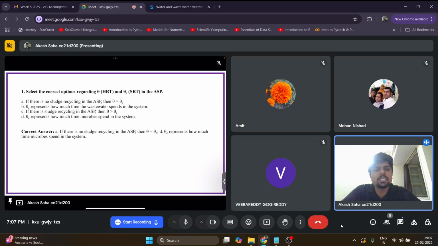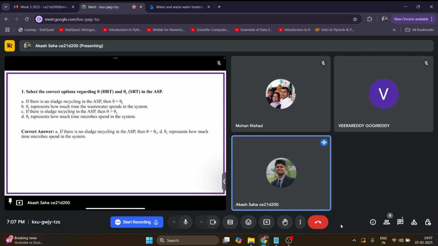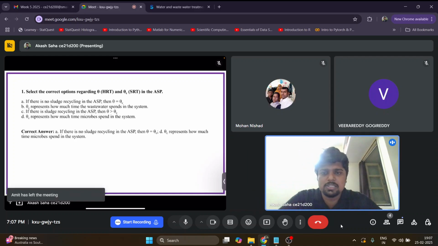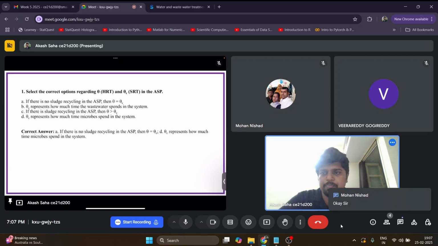If we don't do the recycling, then it would act the same as the HRT. Whatever hydraulic retention time you are giving for the system will be the same as the sludge retention time. So that's why options A and D are correct. In our ASP, we want more retention time for our biomass, so we keep on recirculating them. Okay, so this is the answer for the first problem.